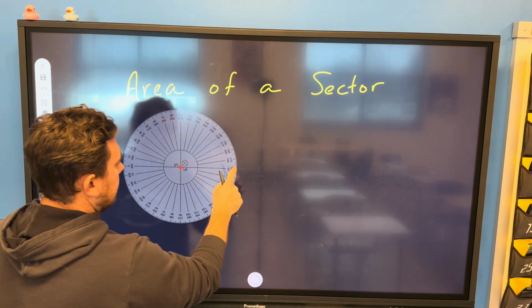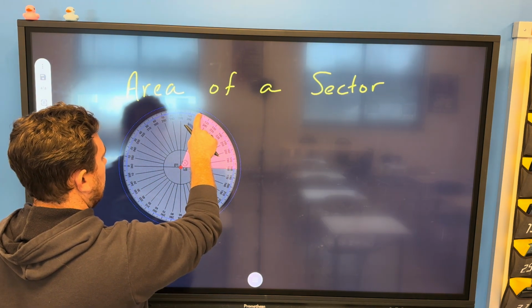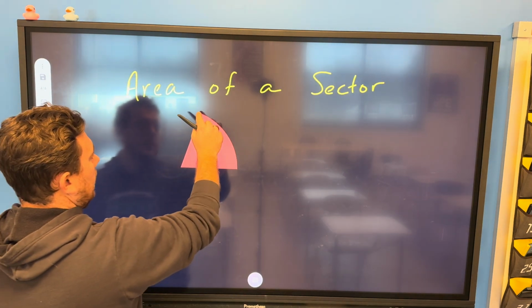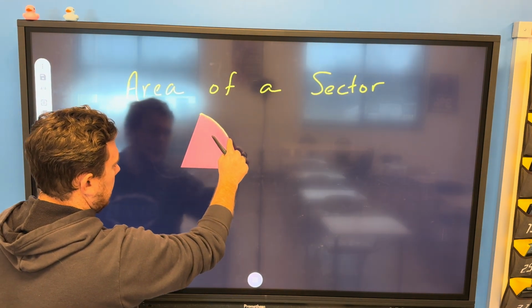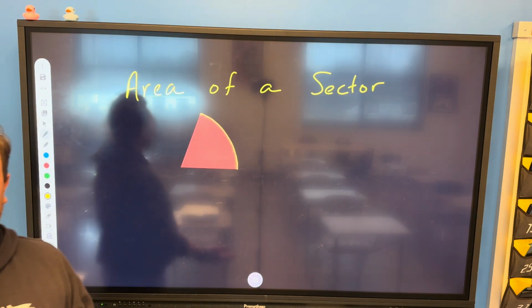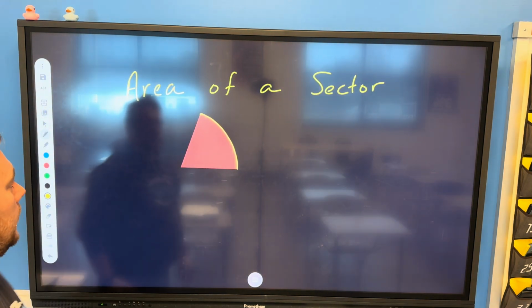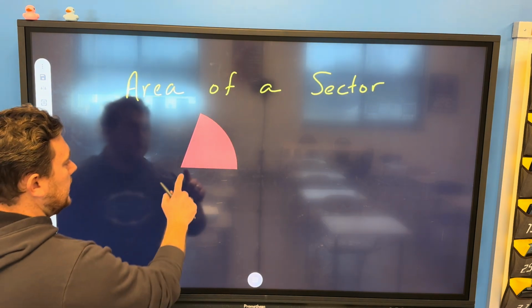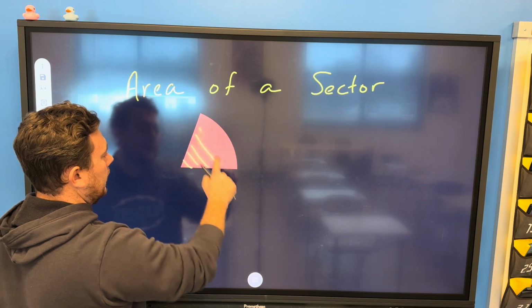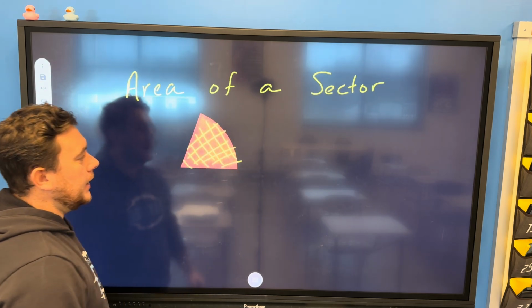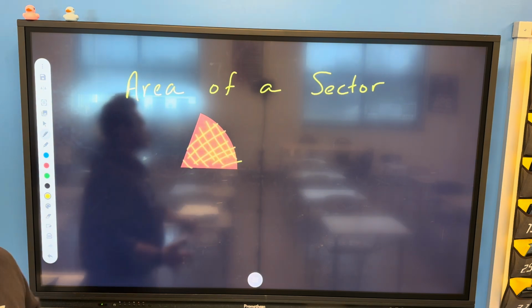If we look again at some slice of the pie from here to there, a second ago, we found this outside edge, the length of that thing, arc length. Now we want the area of this sector. So what that means is we want everything in here. We want this whole slice of the pie, how much space that thing takes up.